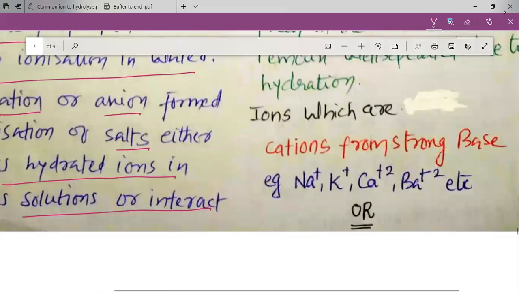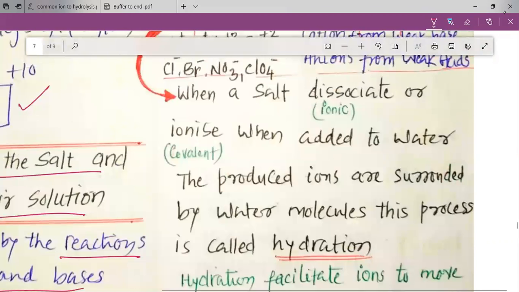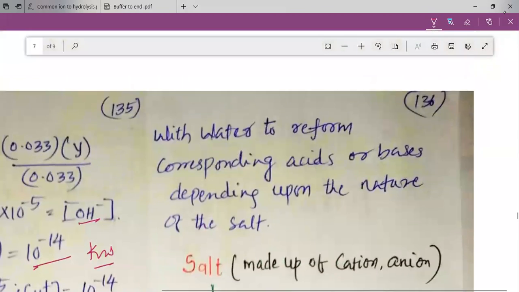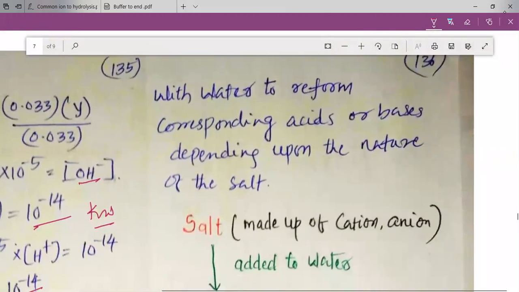with water. Now my dear students, you know that whenever the ions are formed in water, water molecules surround those ions. Like we have seen in case of NaCl, various molecules of water surrounded NaCl, and this process we have called the process of hydration.